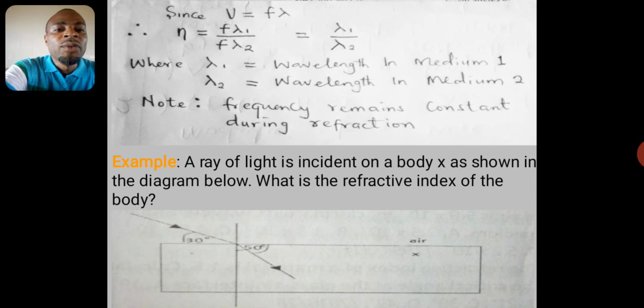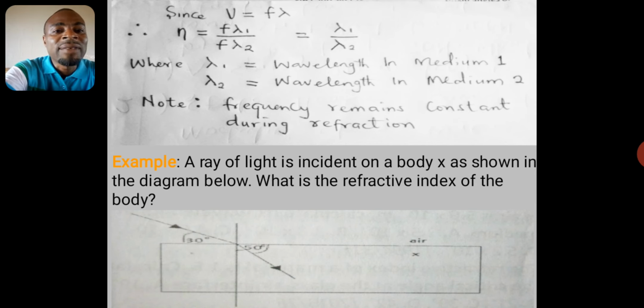we should be able to take note that our angle of incidence is not that 30 there, but 60. Why is it 60? Remember, we have defined angle of incidence as the angle between the normal and the incident ray. So the one given is the angle between the incident ray and the plane surface, and that is not your angle of incidence.